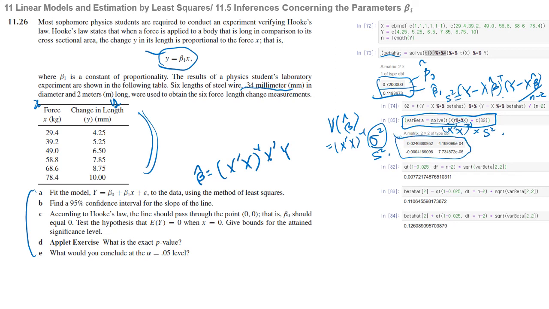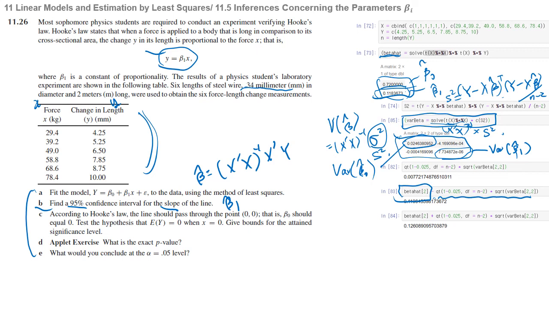So in this matrix, this part is the variance of beta 0 hat, and this part is the variance of beta 1 hat. In number B, we want to find the 95% confidence interval for the slope, which is beta 1 hat. Beta 1 hat is the second element of beta hat. So beta hat 2 plus or minus this thing is the 95% confidence interval.